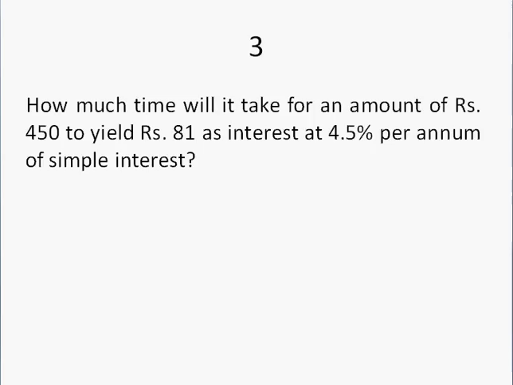So we'll use the basic formula. Nothing much to do here. So simple interest is equal to PRT upon 100. So what parameters do we already know? We know simple interest, we know the principal, that is 450, we know the rate, we didn't know the time.